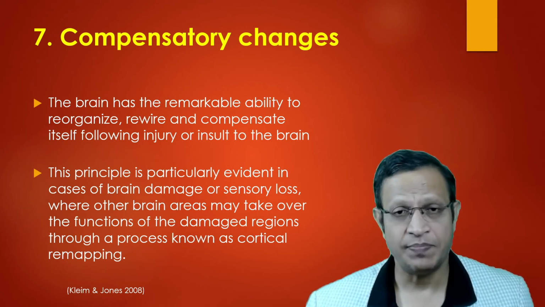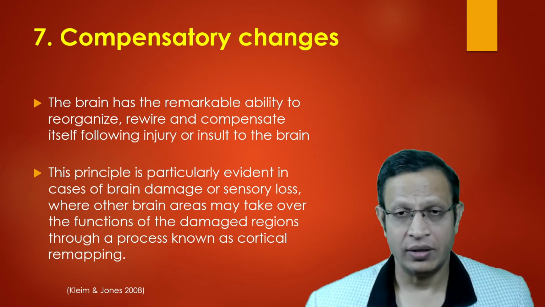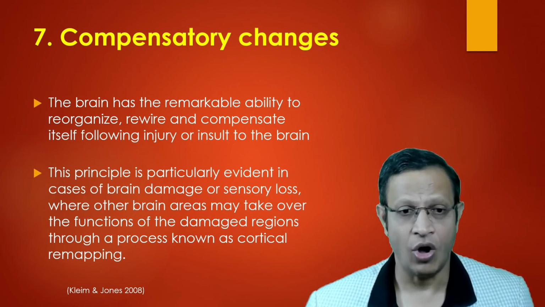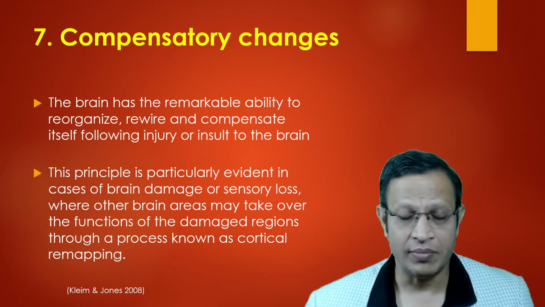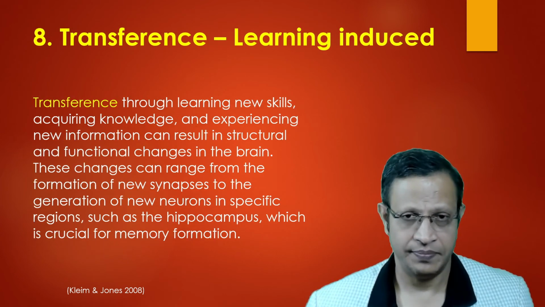Imagine if a part of the brain gets injured, the neighboring area or the reciprocal place of the other hemisphere may take over, and compensatory changes or cortical remapping may occur and the rehabilitation of the person will definitely occur.